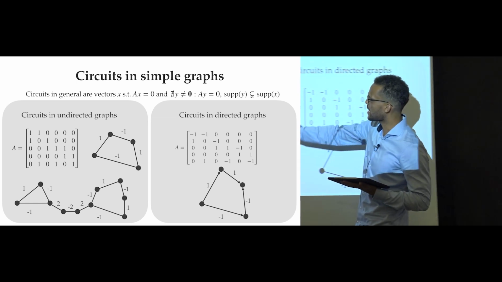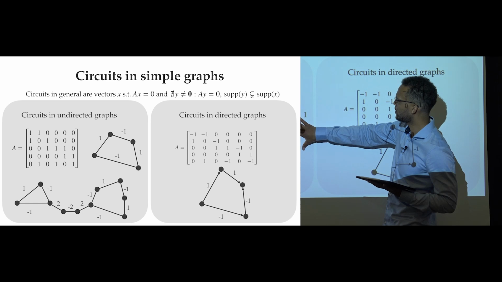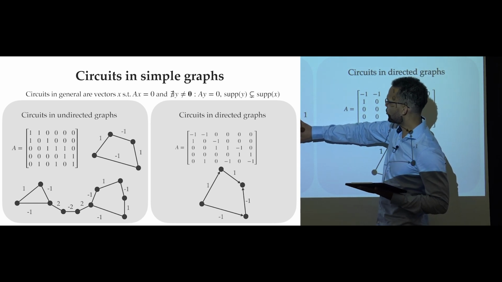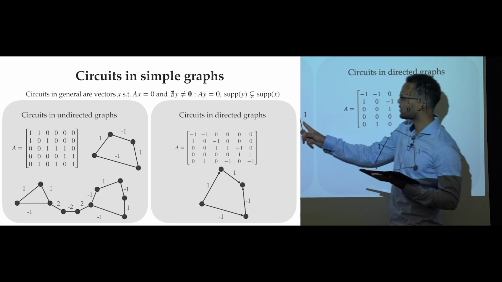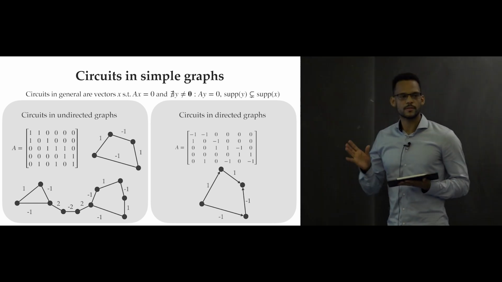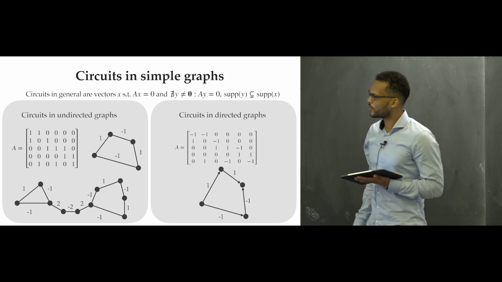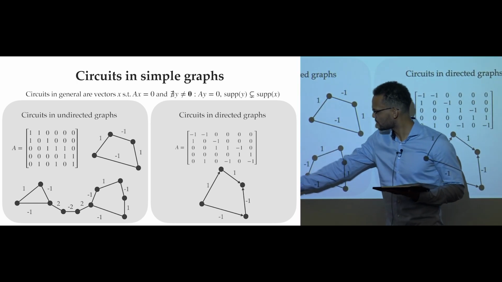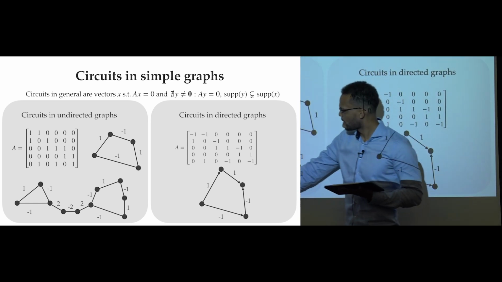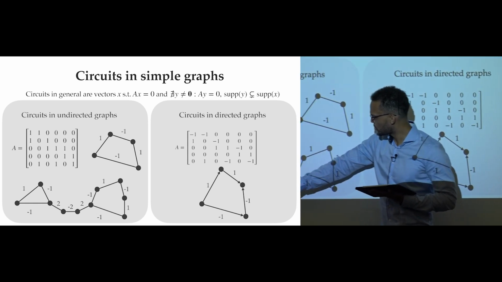To achieve that in an undirected graph is a bit harder, because you would need an even cycle length to be able to cancel the flow all around the cycle, alternatingly with 1s and minus 1s. If you don't have an even cycle, then you would need two odd cycles and join them by a path, and you would need the 2s here.